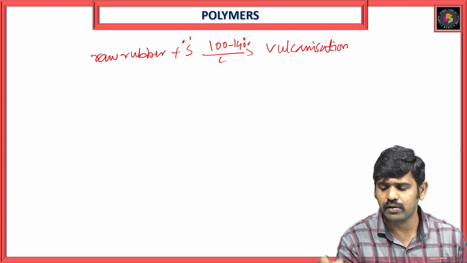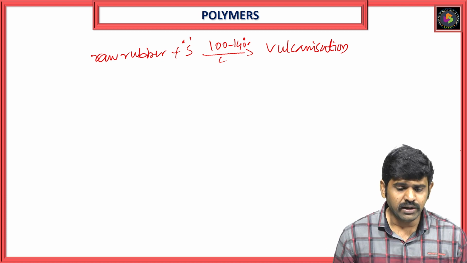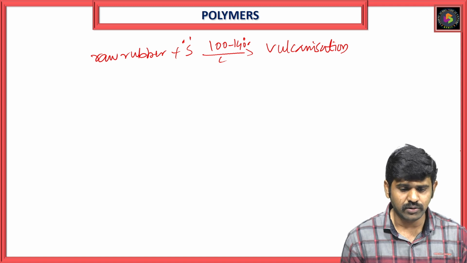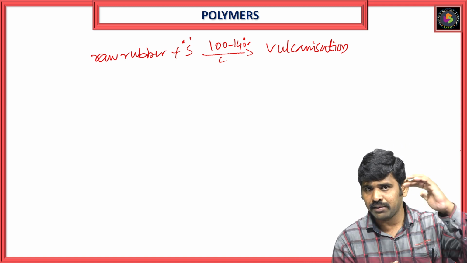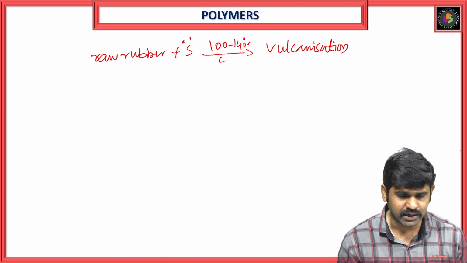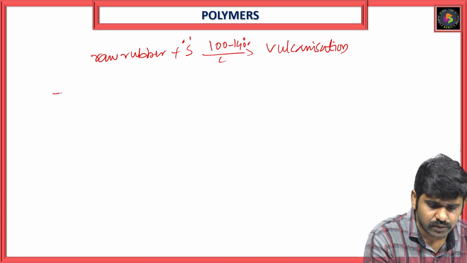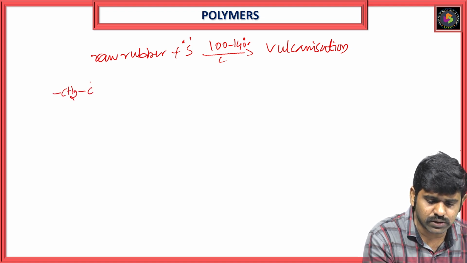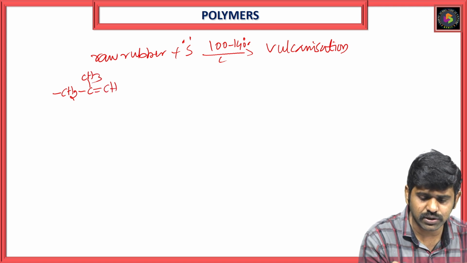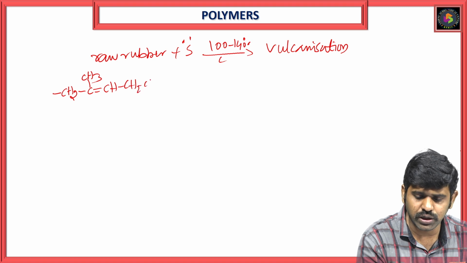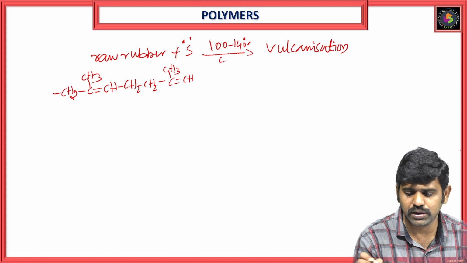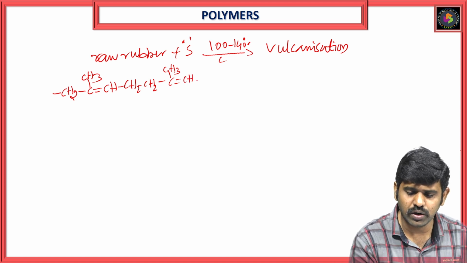So here I am writing raw rubber, that is isoprene, 2-methyl 1,3 butadiene, two rubber springs. The added sulfur chemically combines at the double bonds of two rubber springs, which I am writing here. CH2, CH3 double bond CH, CH2, and so on.